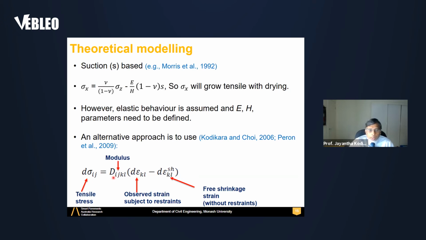Therefore, you get the maximum tensile stress development for the full restraint condition. If there is free shrinkage, the observed strain will be the same as the free shrinkage strain, and these two are equal. Therefore, 0 gives the tensile stress development. No tensile stress will develop in free shrinkage, so no cracking.